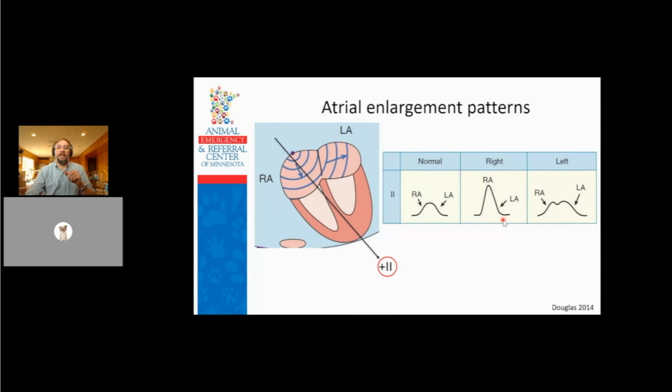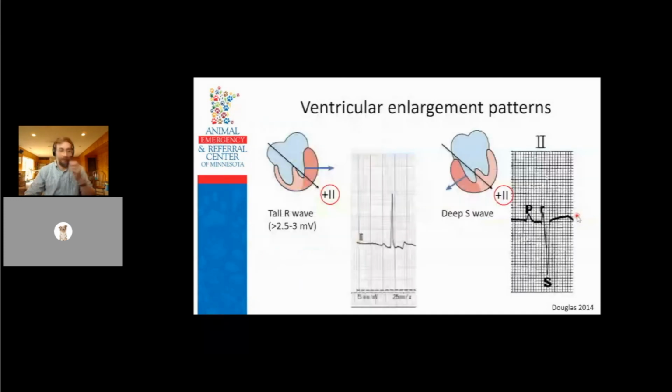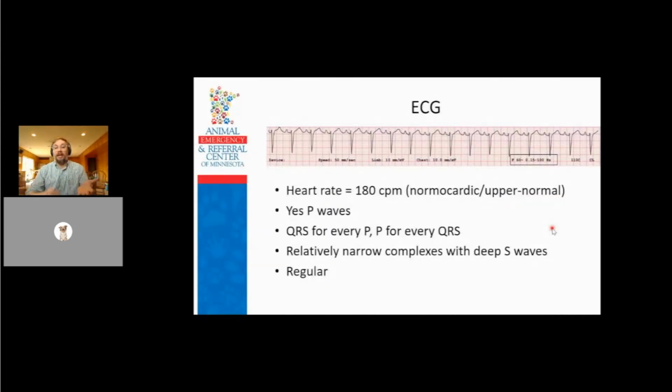That's classic for right atrial enlargement, and a wide P wave is classic for left atrial enlargement. Similarly, with left ventricular enlargement you get a really tall R wave, whereas with right ventricular enlargement you get a very negative QRS complex.